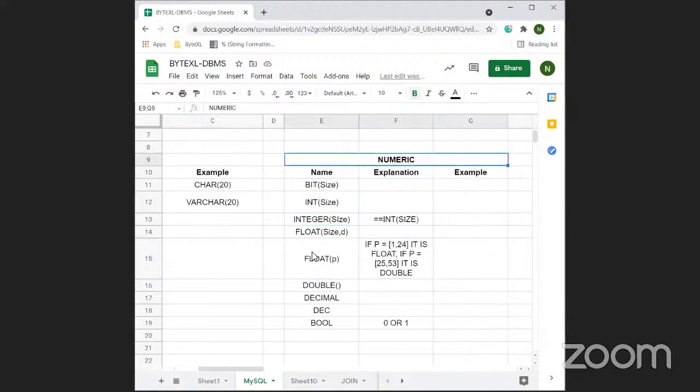Then when it comes to numeric data types, again we have many, but only the important data types are discussed here. Whether it is int of size or integer of size, both are same. That means if you see both, no need to panic, both are same. Then float to create decimal values, double or decimal, again both are same.